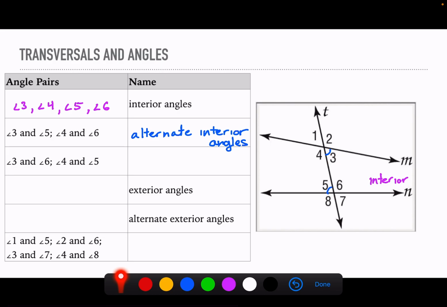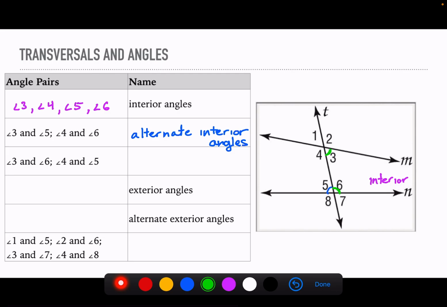Now, if we look at these 2 angles, okay, we have a couple ways that we can express this. Now, let's look at 3 and 6. We have 3 and we have 6. They are on the same side. So we can call these same side interior.